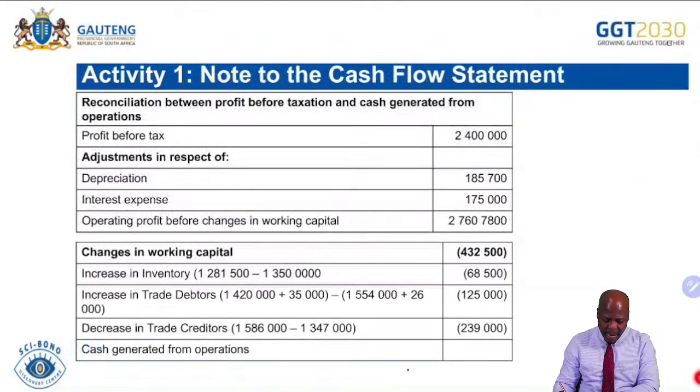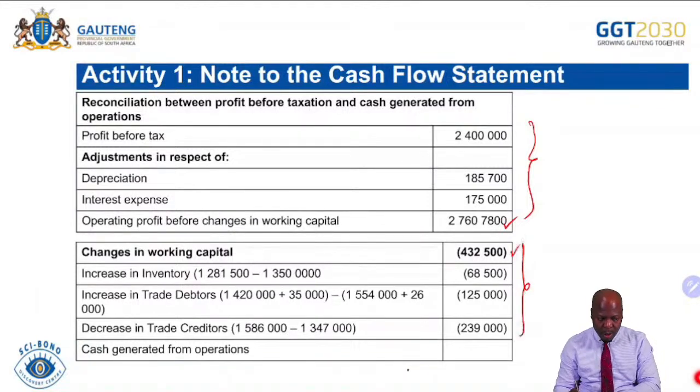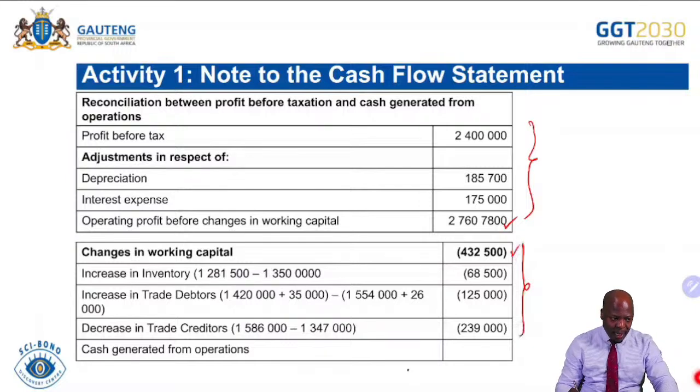Once we get that figure, then remember we are starting from the top here and we are going all the way down. So we had our operating profit before changes in working capital, and then now we also did this section where we had a negative 432,500. And now we can complete it. Please have a calculator, then let's start punching in some figures.